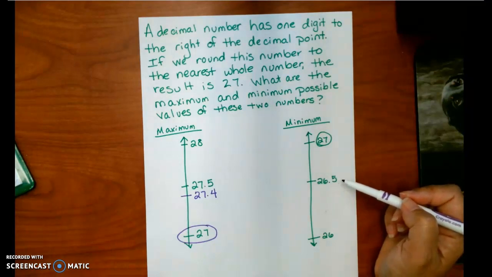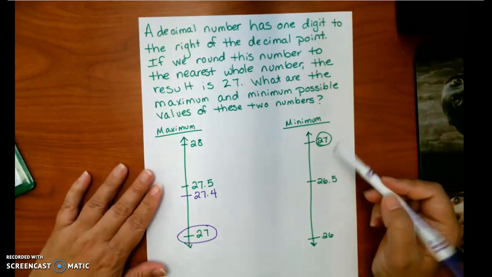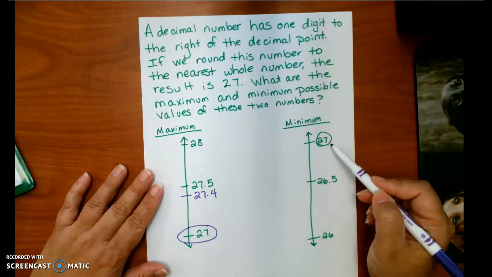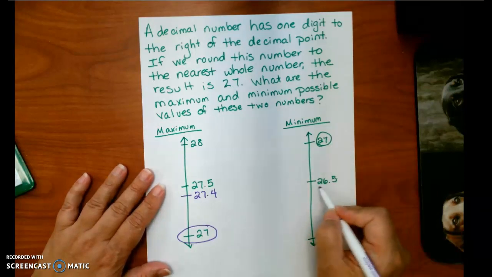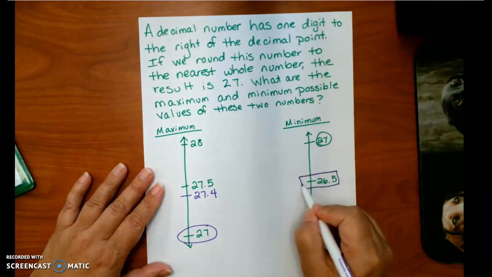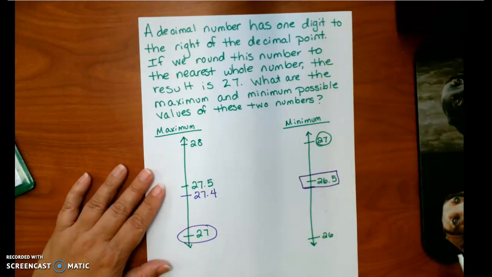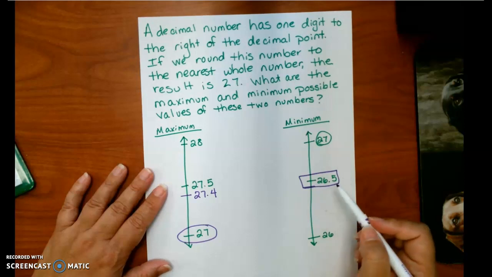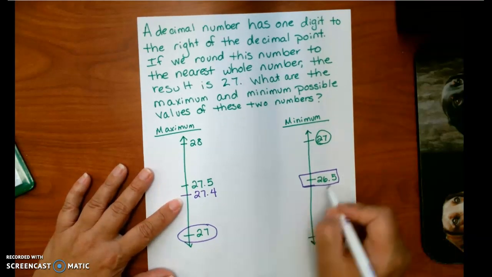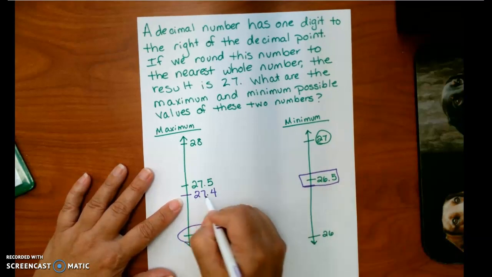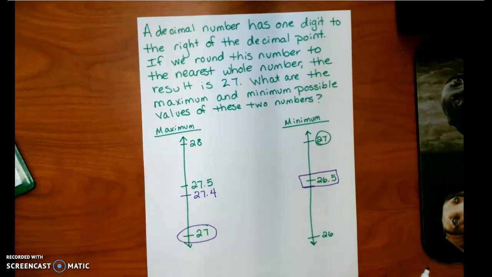So if we're going to round to 27, what's the smallest number? It's going to be 26.5, 26 and 5 tenths. 26 and 4 tenths would round to 26. So my number is between 26 and 5 tenths and 27 and 4 tenths.